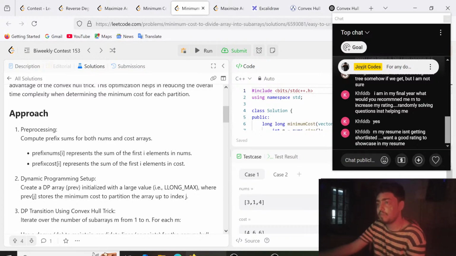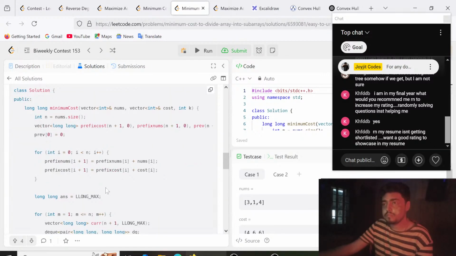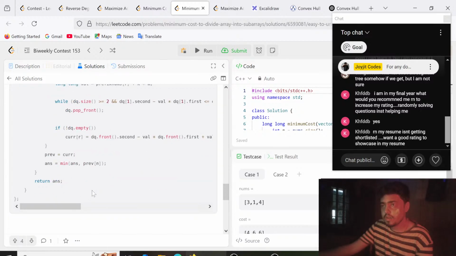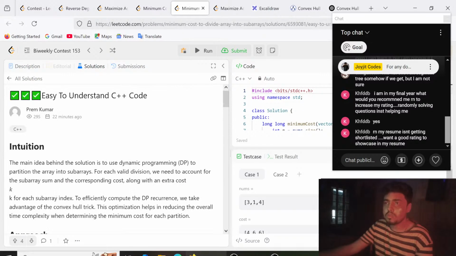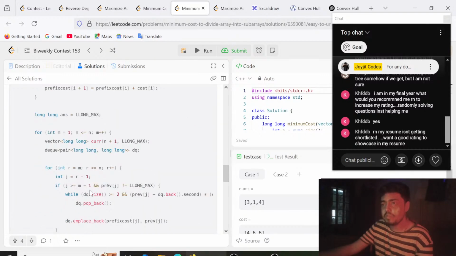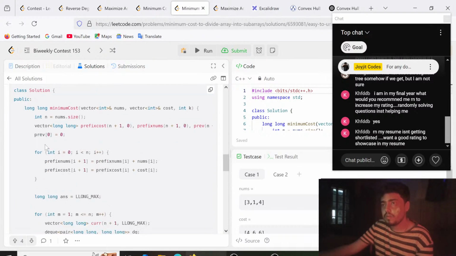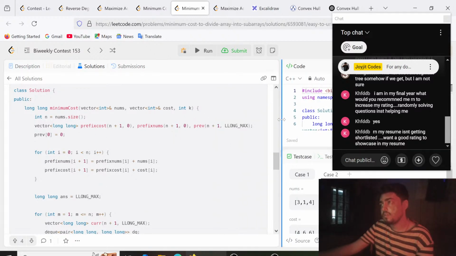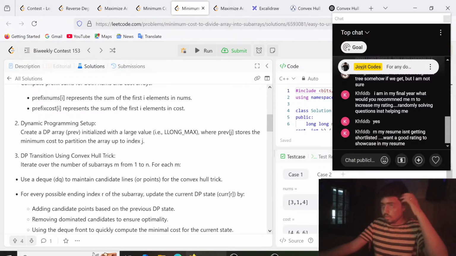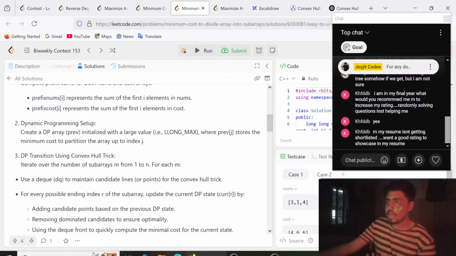Previous of j returns the minimum cost to partition the array up to index j.